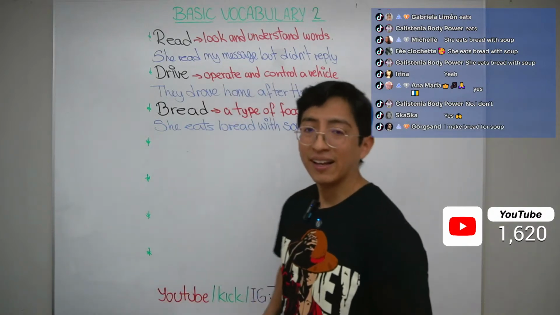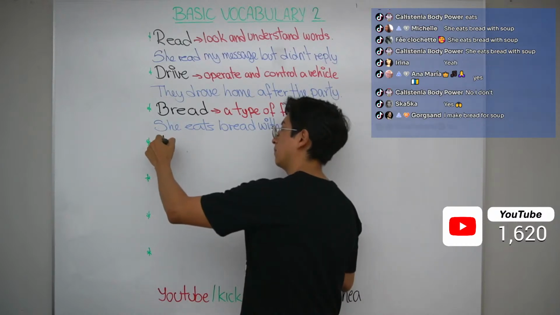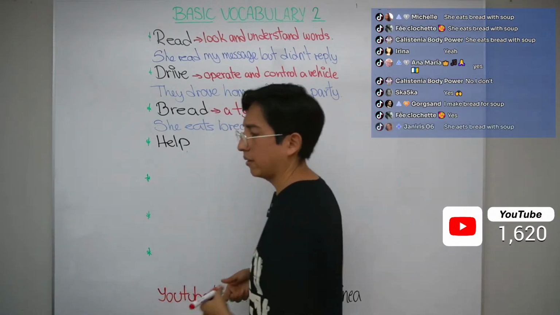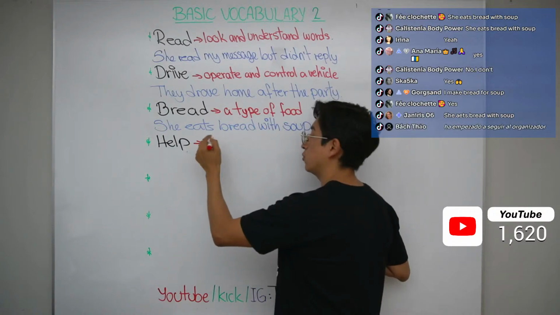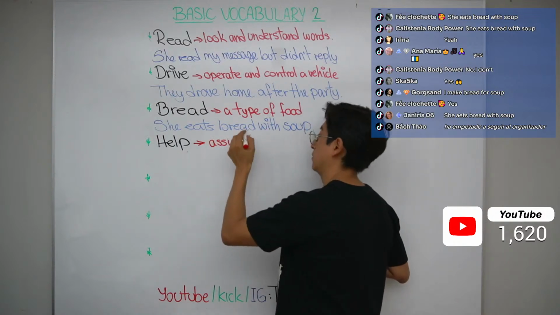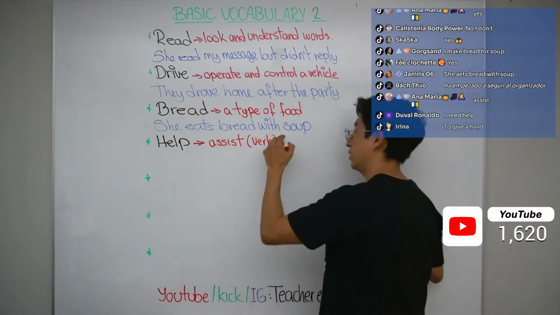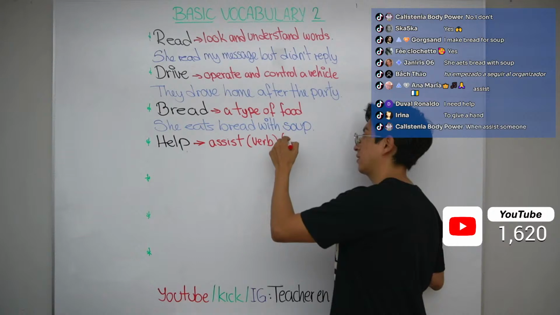Yeah. Now let's continue with number 4. Okay. This is the following word. Help. What does help mean, guys? Help is to assist. Okay. This is a verb. And also it means, oh, well, it's a noun.